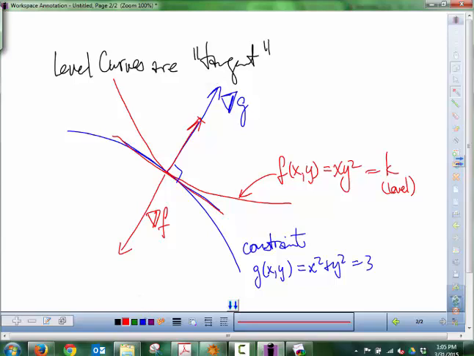In other words, I want to make an equation with the gradient of f and the gradient of g. They're multiples of each other. And so you write that one is a multiple of the other by saying something is equal to some constant. What should we use for a constant? Let's use lambda.